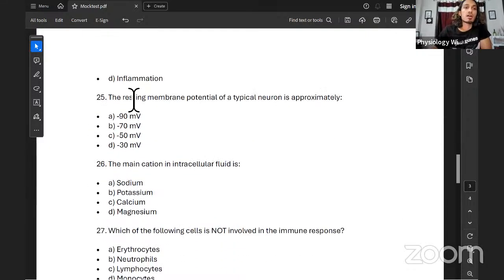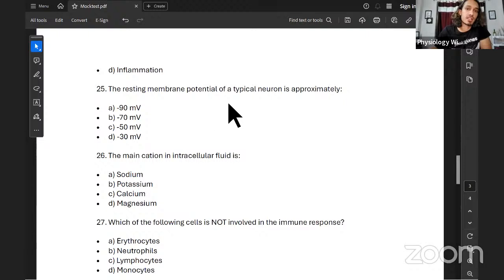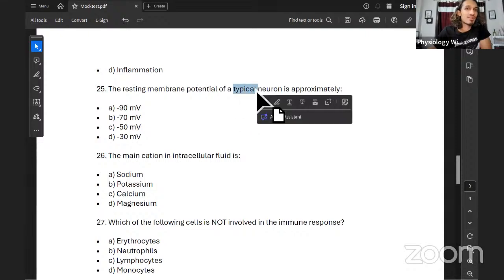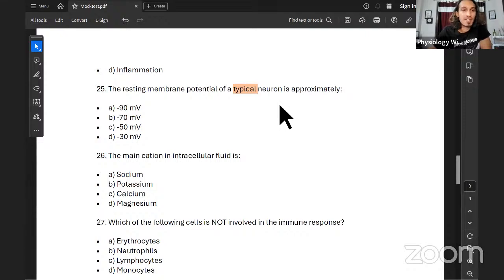Okay. Resting membrane potential of a typical neuron. Again, not a very good question. What exactly a typical neuron is, is not specified here. What we understand is we have small neurons, large neurons. Generally, we say smaller neurons have resting membrane potentials in the range of minus 70 millivolt.